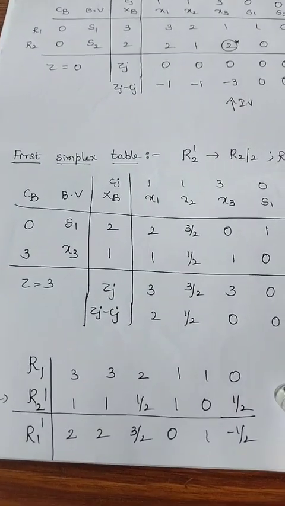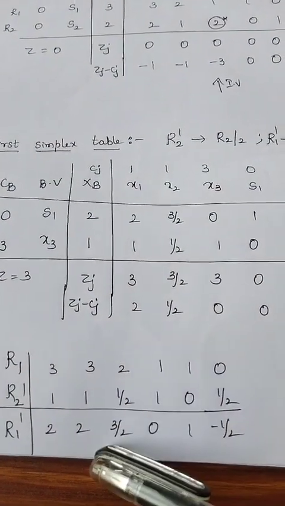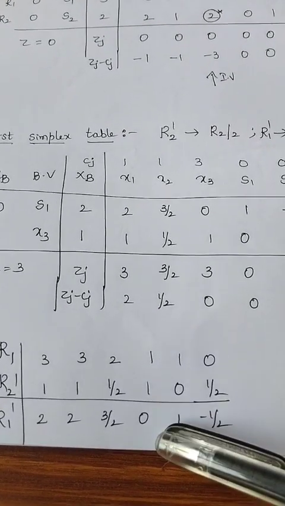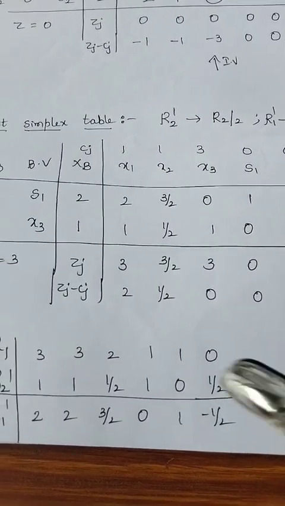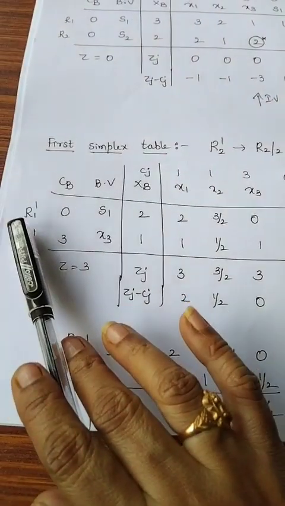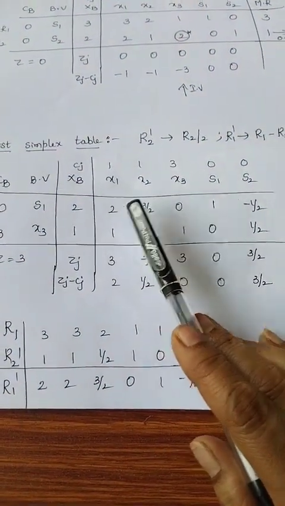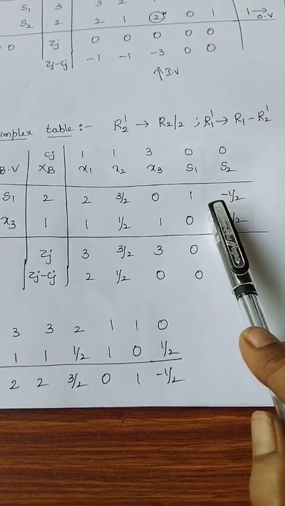What we have to do? We have to subtract these two. 3 minus 1, 2. 3 minus 1, 2. 2 minus 1 by 2, 3 by 2. 1 minus 1, 0. 1 minus 0, 1. 0 minus 1 by 2, minus 1 by 2. This whole new row you are going to write in this place. From xb: 2, 3 by 2, 0, 1, minus 1 by 2.